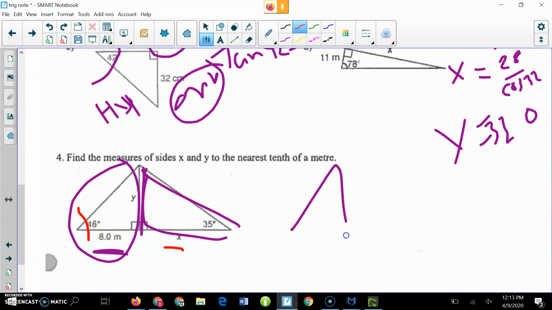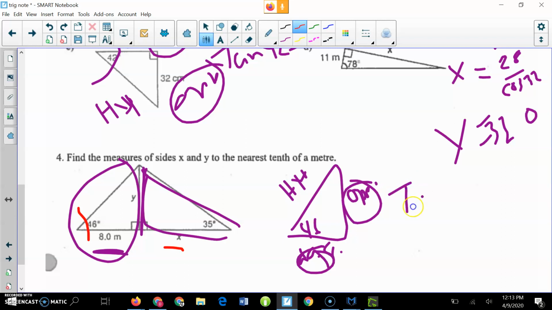So I'm just going to redraw this, okay? That's 46. And this is now my opposite, hypotenuse first, opposite and adjacent, and this is 8. So this is the one I want, this is the one I have. So I'm going to say that's tan of 46. Tan of 46 is equal to opposite over adjacent.